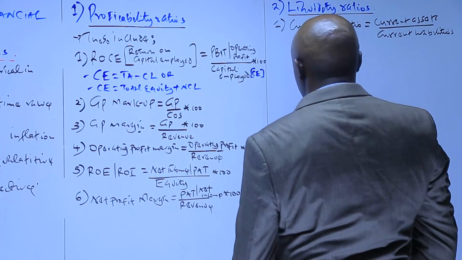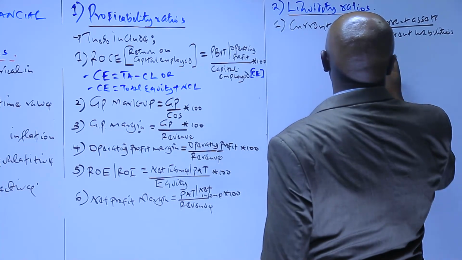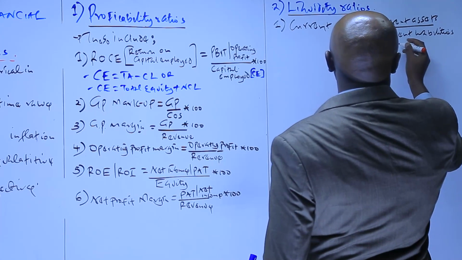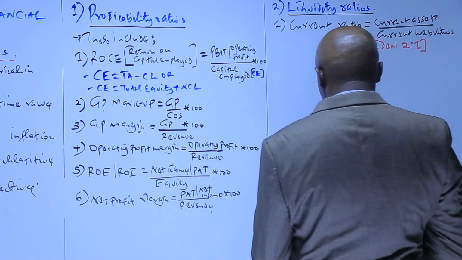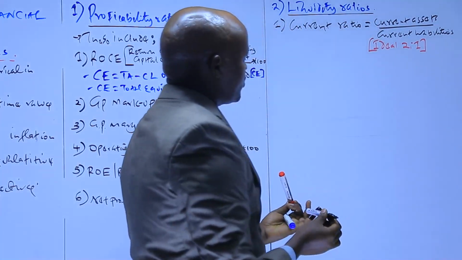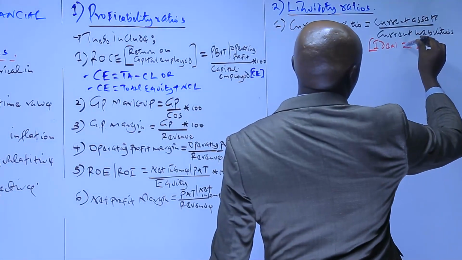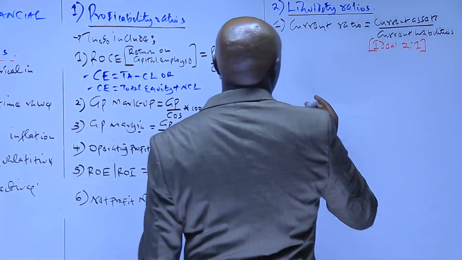It is important to mention that the recommended, or ideal, current ratio should be 2:1. So for the company to be in a position to pay its short-term financial obligations as and when they fall due, the current assets must be 2 times the current liabilities.